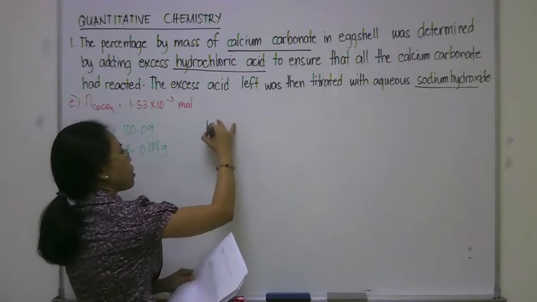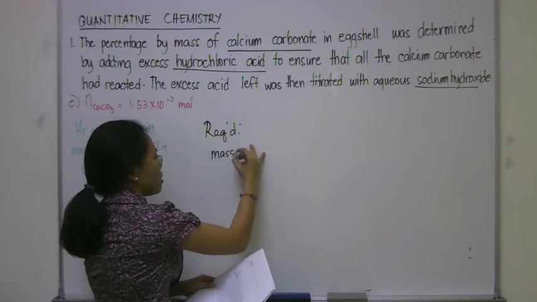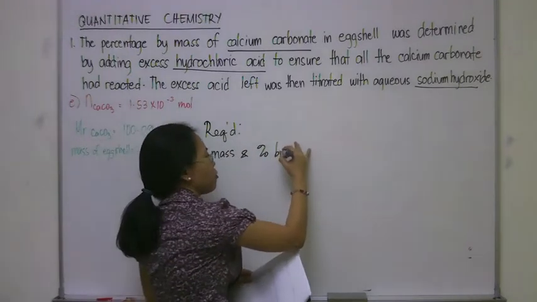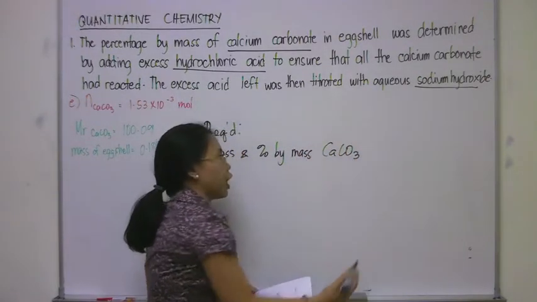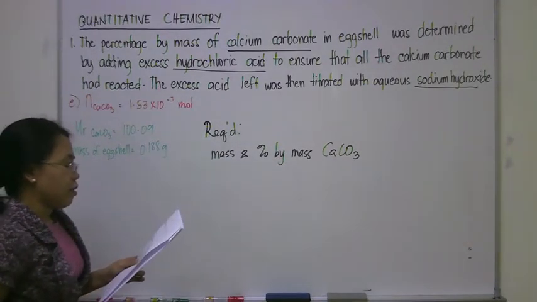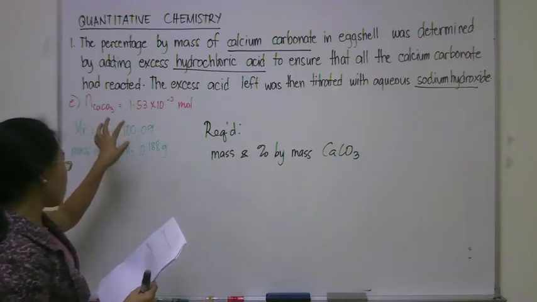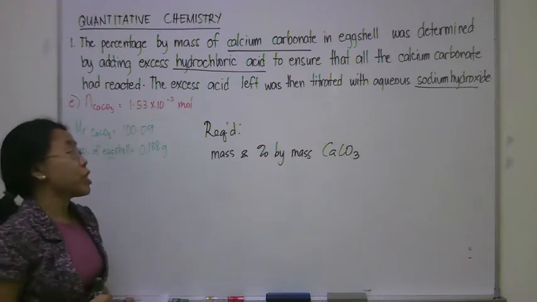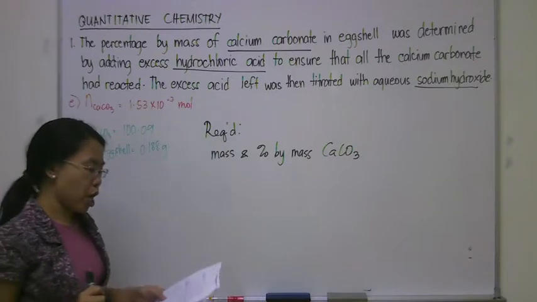Okay, for letter F, you were asked to calculate the mass and percentage by mass of calcium carbonate. From the previous question, we were able to gather the moles of calcium carbonate, which is 1.53 times 10 to the negative 3 moles.